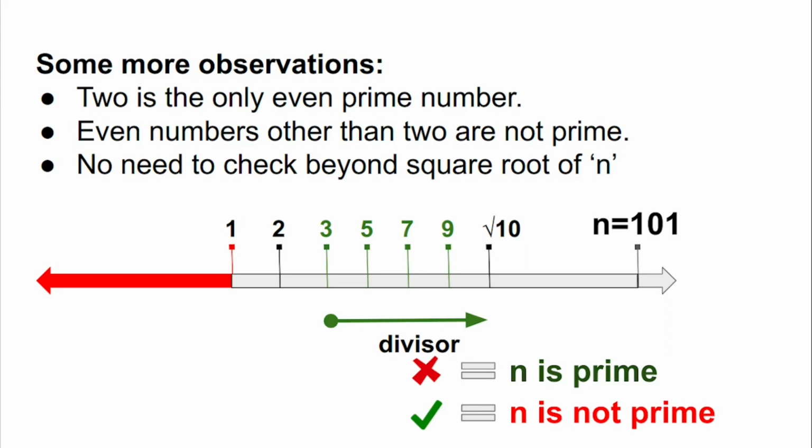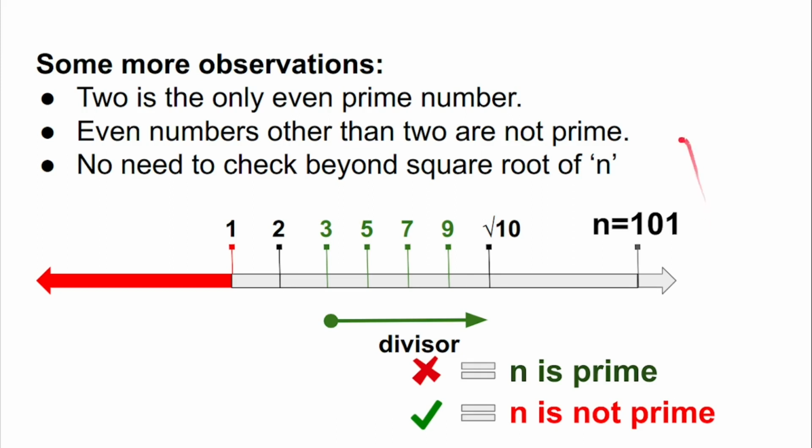Let us see the advantage of this optimization with the help of an example. Let us say that the number which we want to test is 101. 101 is odd, so our first divisor will be 3 and we'll go up to the square root in steps of 2.